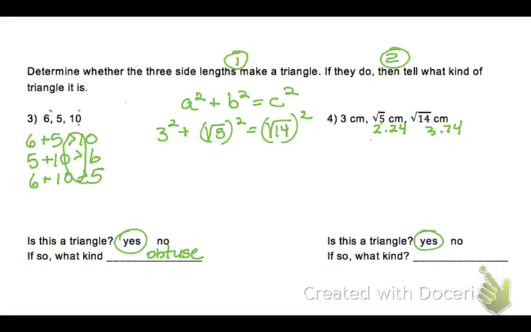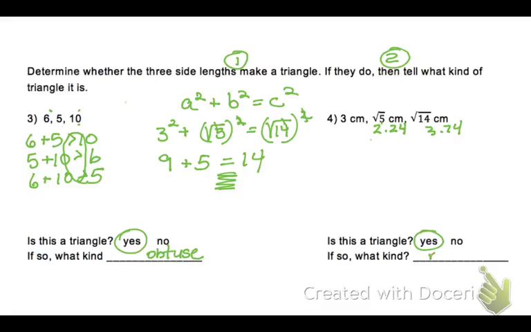Okay, 3 squared is 9. The square root of 5 squared, remember the radical cancels the exponent, so we end up with 5. Square root of 14 squared, the radical cancels the exponent, we end up with 14. 9 plus 5 is 14, they're equal.